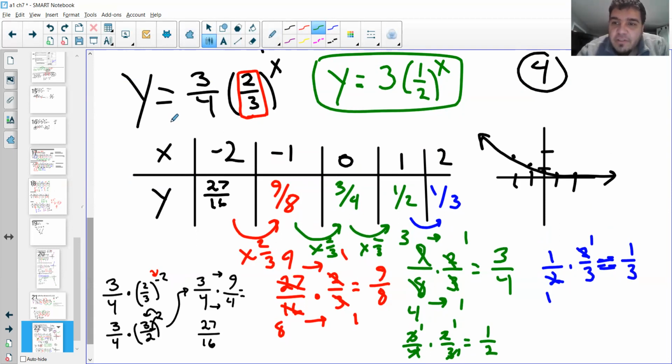If you want me to check your work, just send me what your y values are, either as decimal or as fraction.